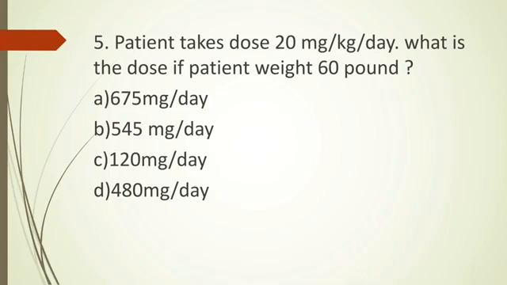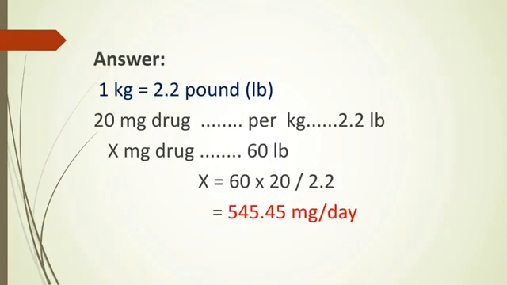So 20 milligram of drug is present in 1 kilogram, that is present in 2.2 pounds, because 1 kilogram is equal to 2.2 pounds. So 20 milligram of drug in 2.2 pounds, and X milligram of drug will be present in 60 pounds.